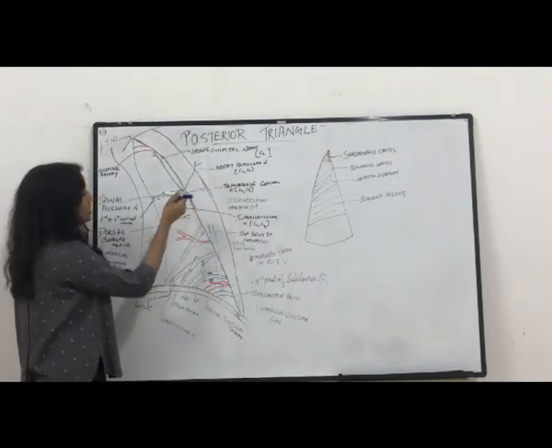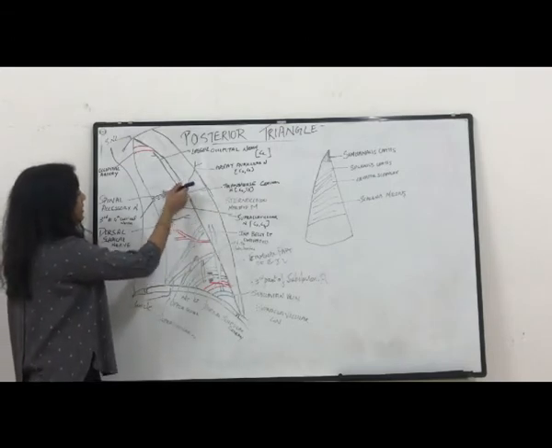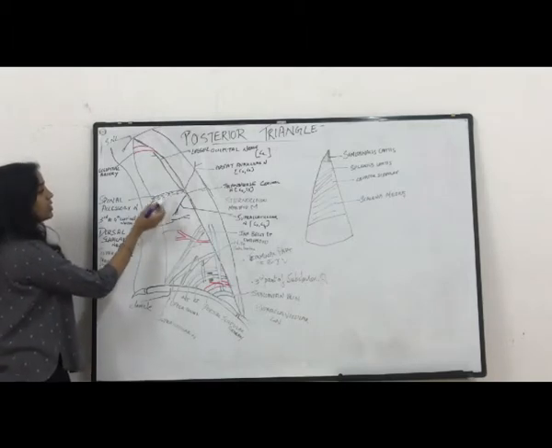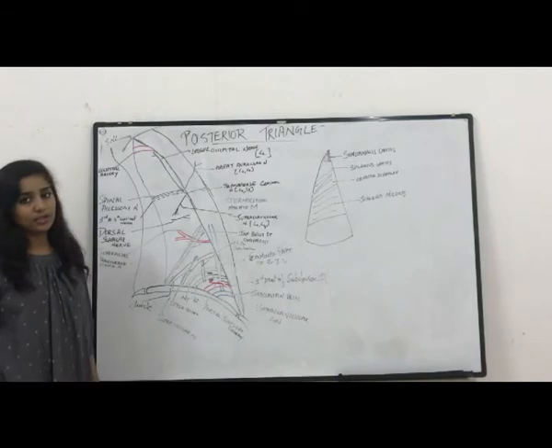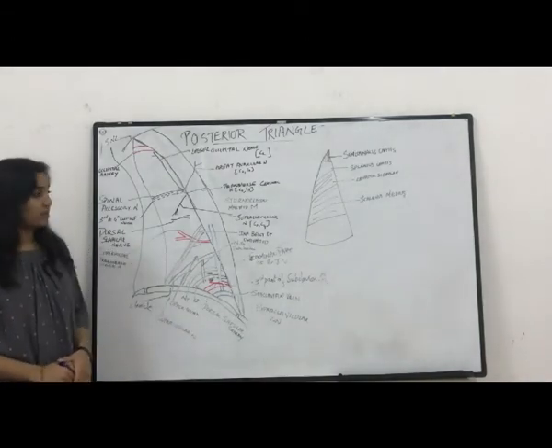It emerges into the posterior triangle after supplying the sternocleidomastoid. So it is already supplied, and then it goes in and supplies the trapezius muscle. Therefore, any damage over here causes paralysis of the trapezius muscle and not the sternocleidomastoid, which is one of the questions asked for clinical aspects.